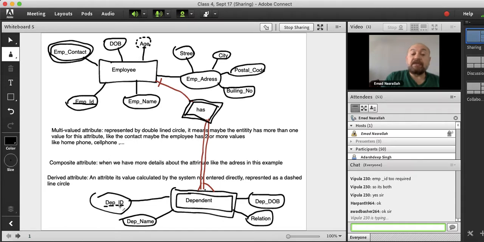So the dependent ID with the employee ID together. For any reason, if the employee leaves the company, we know which dependents are related because the dependent ID is with the emp ID together. So everyone related to this emp ID will be removed.